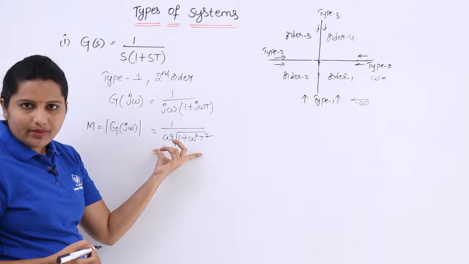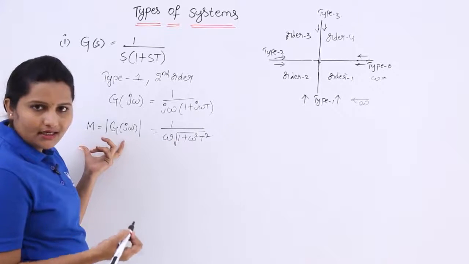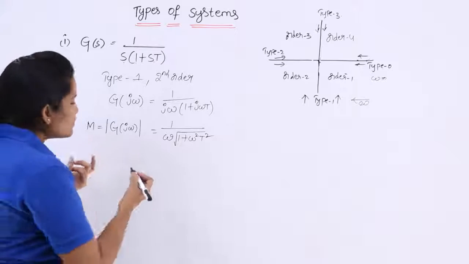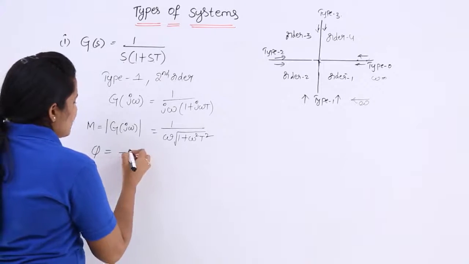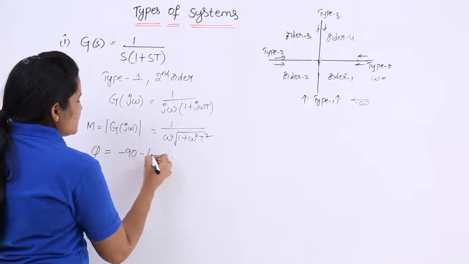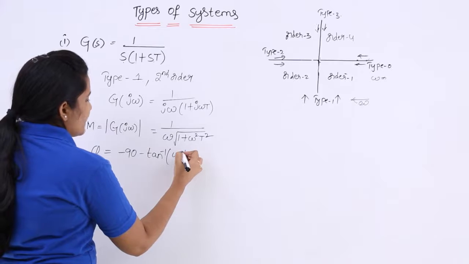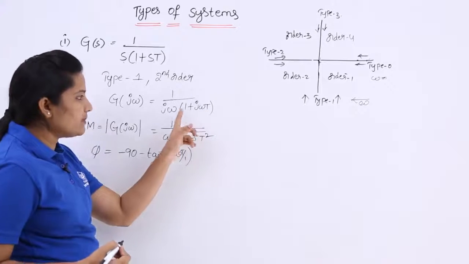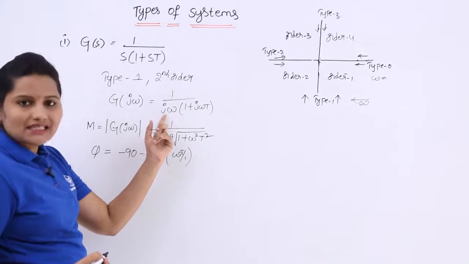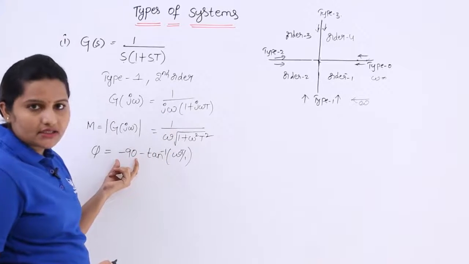After calculating magnitude, we need to calculate phase. Here the phase is equivalent to minus 90 minus tan inverse of omega T, since for a + jb the phase is tan inverse of b by a. Whenever you have a single j omega term in the denominator, you need to consider minus 90 degrees.